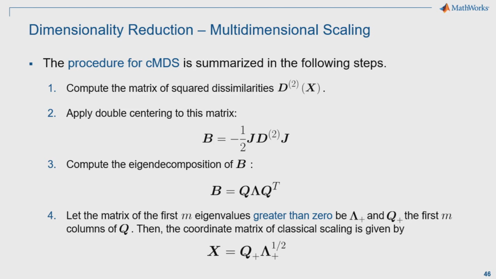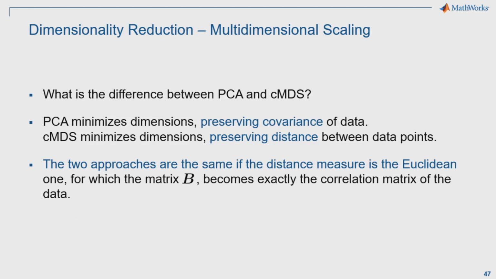Then you do an eigen decomposition, and from this eigen decomposition you can extract a matrix whose eigenvectors are the new basis for your dataset, exactly as in the case of PCA. But again, I remind you that there is a subtle difference between these two methods.